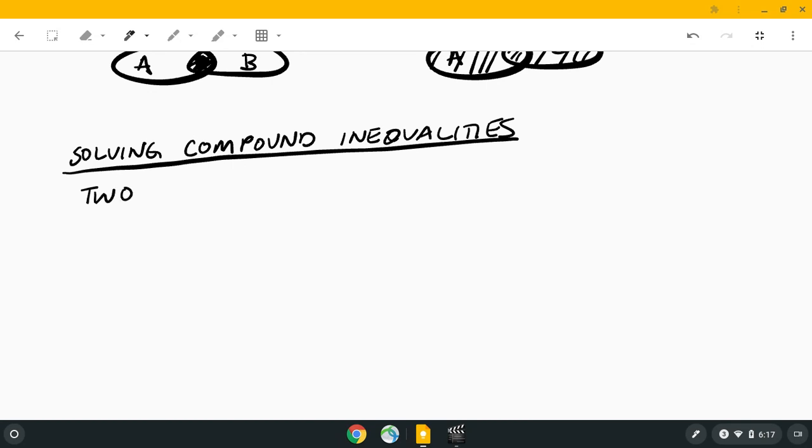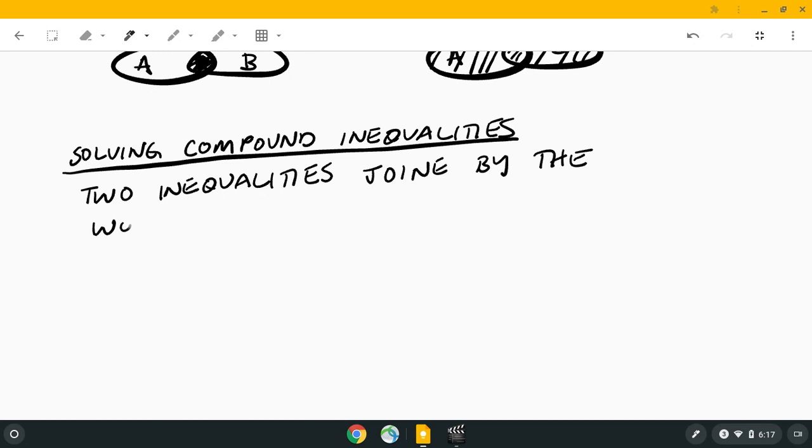A compound inequality is two inequalities joined by the word and or the word or.